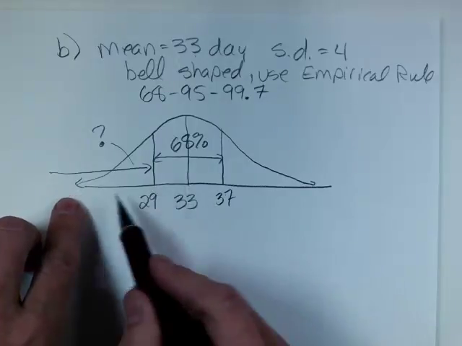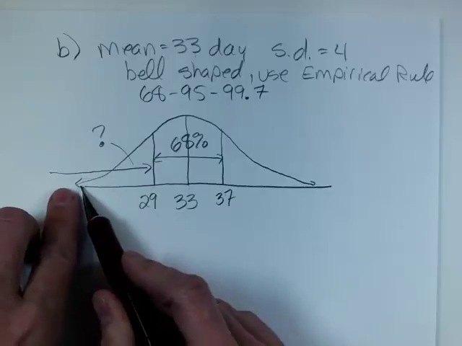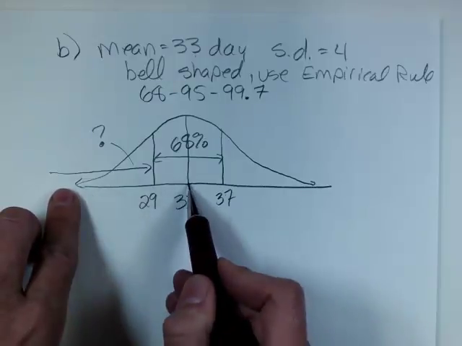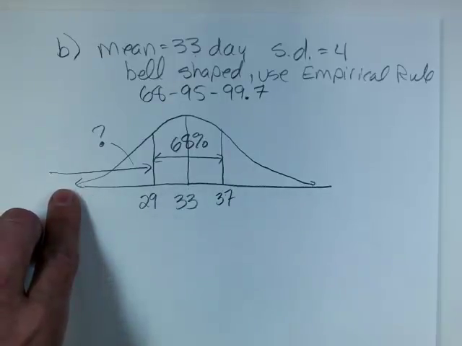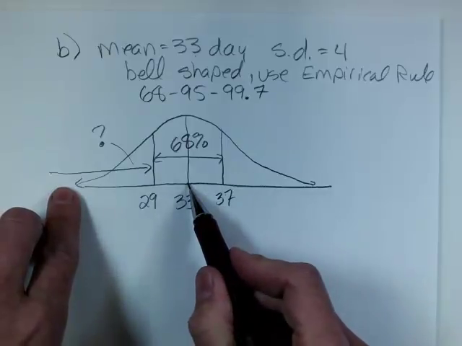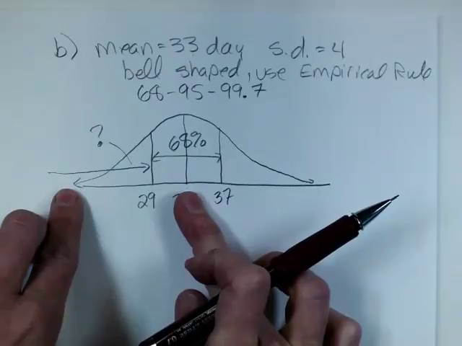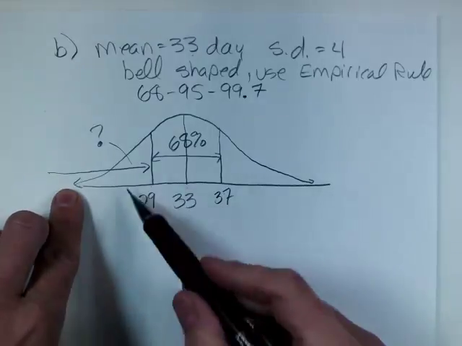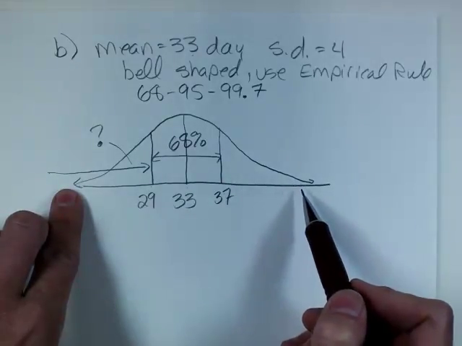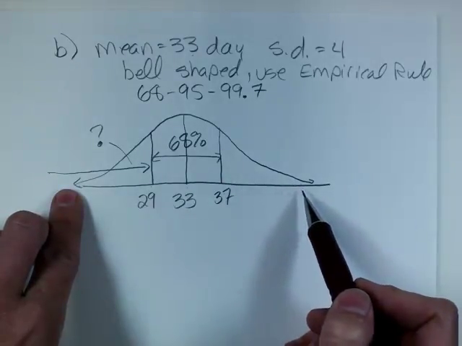Well, how much area is from basically negative infinity up to the mean? If I look at half of the bell, how much area is that? 50%, right? This whole thing would encompass 100% of the data under the curve.